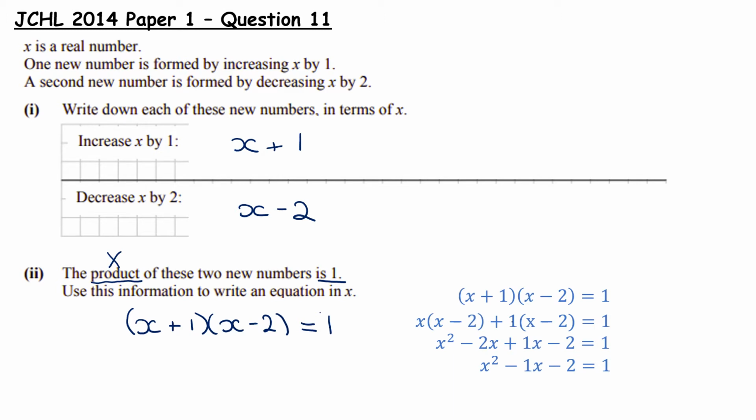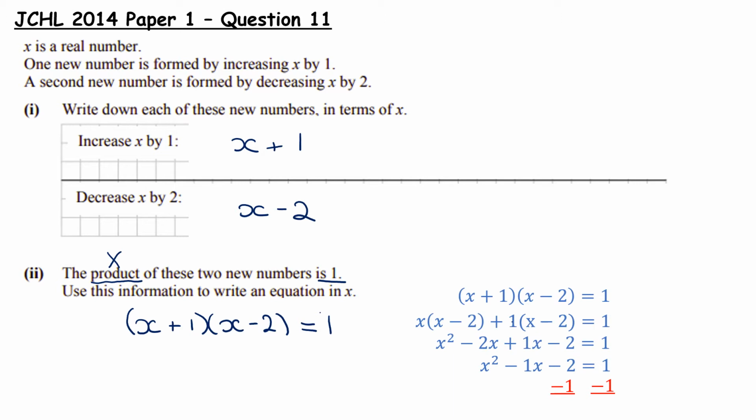So what we actually have here is a quadratic. Because it has an x squared, we know it's quadratic. We actually have a quadratic trinomial, but if we have a quadratic equation, it should always equal 0. This one equals 1, so we want to get rid of that. So what I'm going to do is take away a 1, but I need to take it away from both sides.